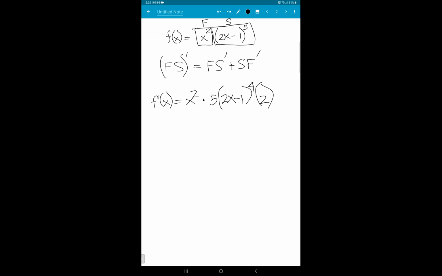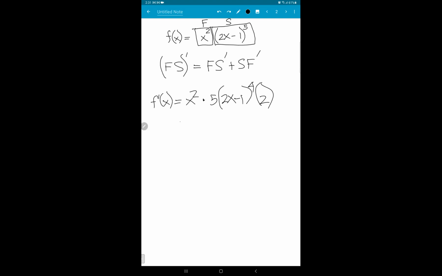I used the tablet. Usually Zoom will record based on the gadget you use to originally create the meeting. If it's a cellphone, the screen is even smaller. But anyway, let's go back to the f prime.